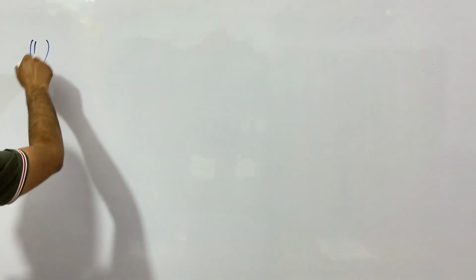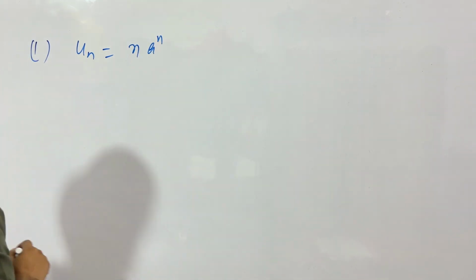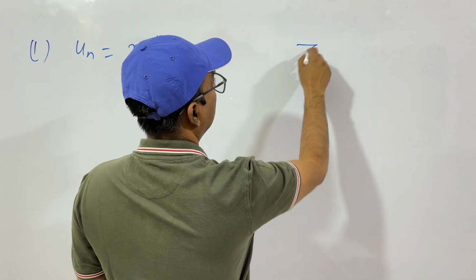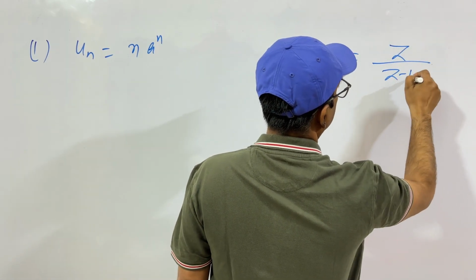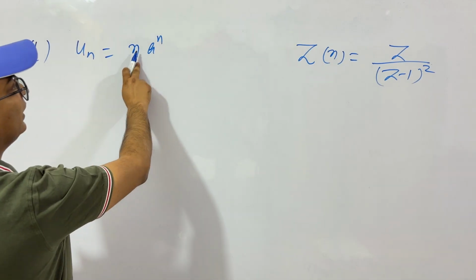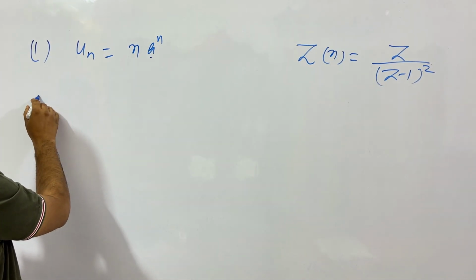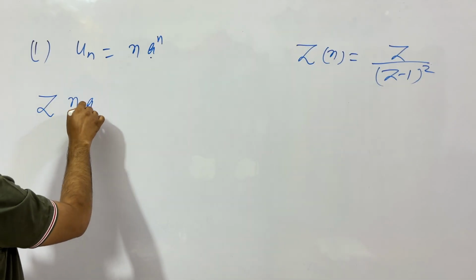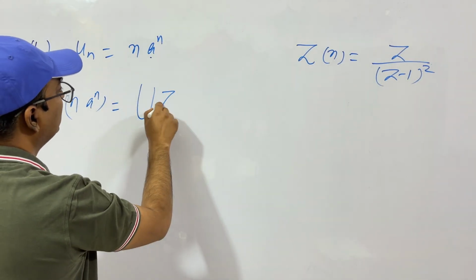So our first function is n into a to the power n. Now we know what is Z of n. This was z by z minus 1 squared. Okay, we have seen this. What is n into a to the power n? Now this is your damping one. So Z of n into a to the power n will be nothing but U of z by a.